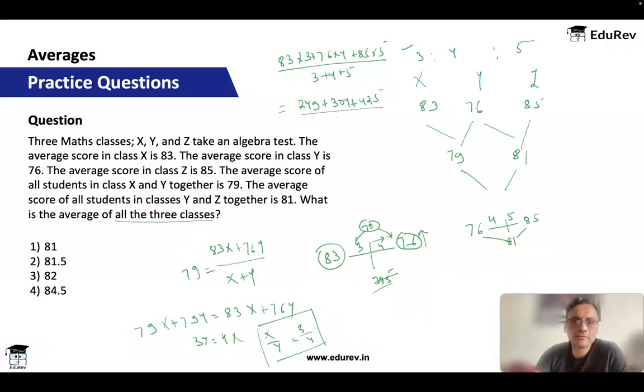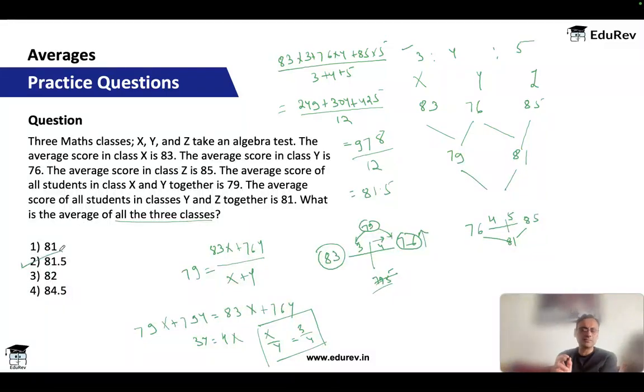The total is 978 upon 12. If I divide, 8 times 12 is 96, then 18, so 1.5. 81.5 would be your final answer for this question.